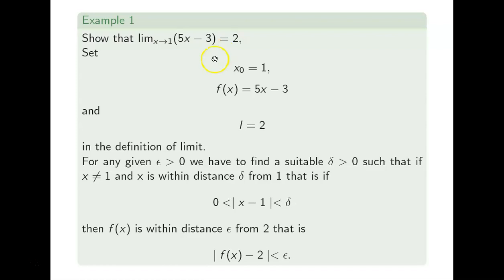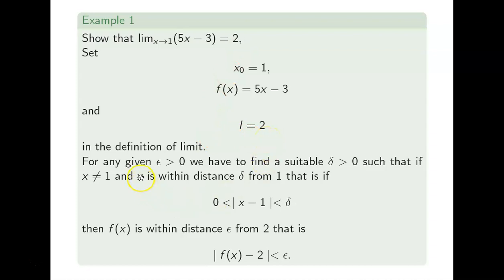Let us define x naught is equal to 1. 1 is the point about which we want to check the limit as x approaches to 1. Function f(x) is 5x minus 3 and the limit is equal to 2.